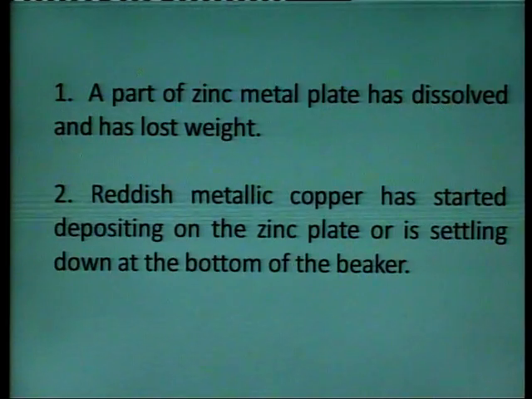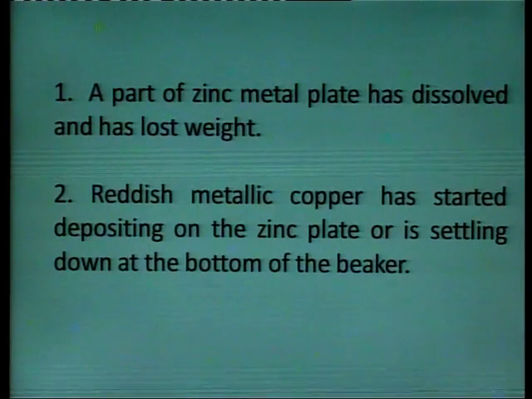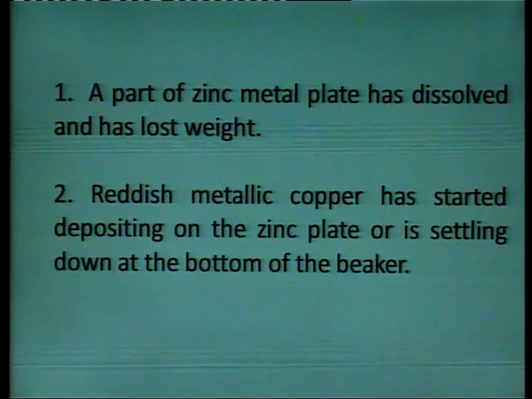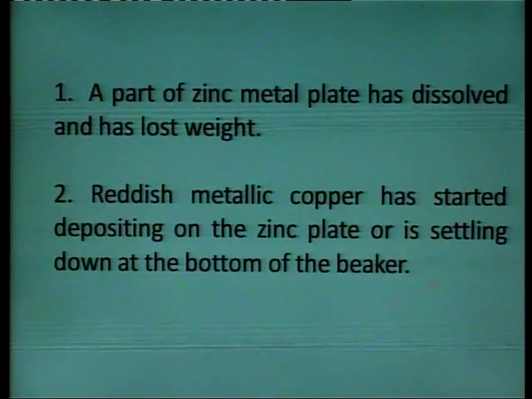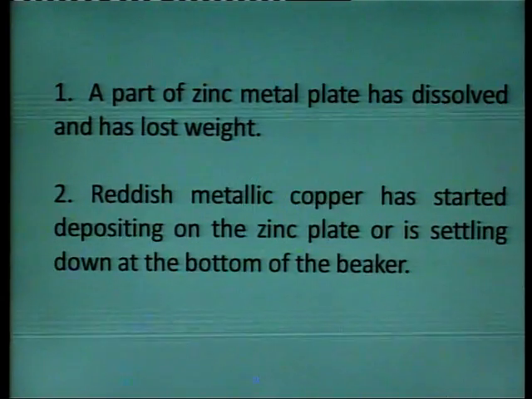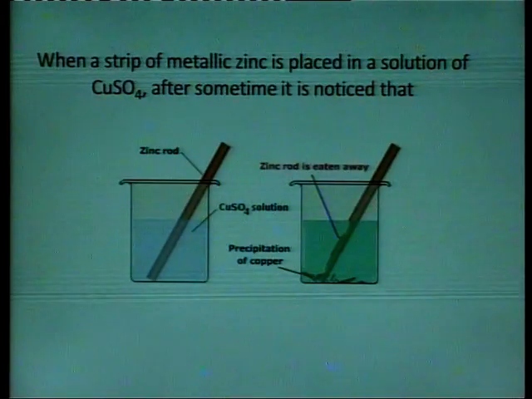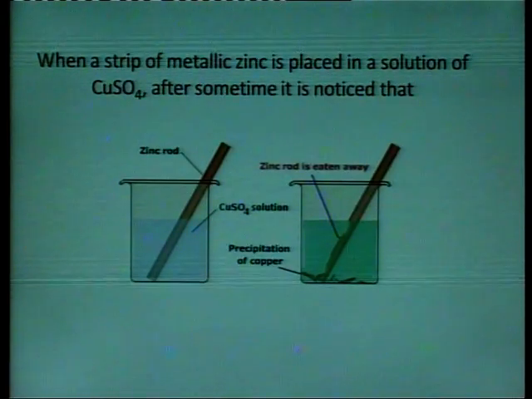In the second observation, you will observe some reddish metallic copper or precipitate of copper, which starts depositing either on the zinc plate or settles down at the bottom of the beaker. Again, this can also be observed in the second diagram, that some metallic precipitate has settled down at the bottom of the beaker.